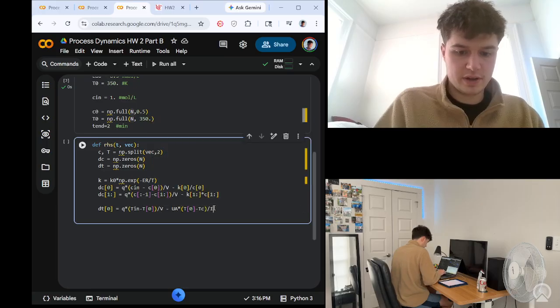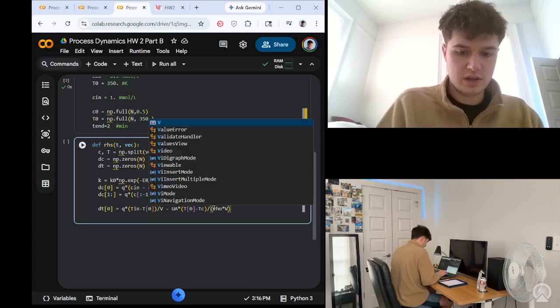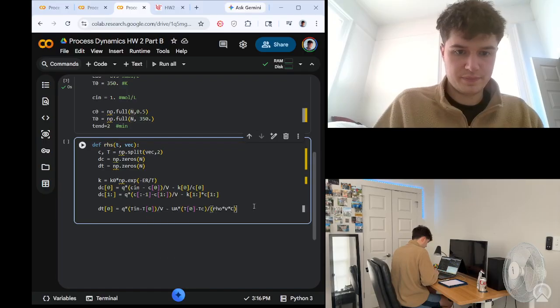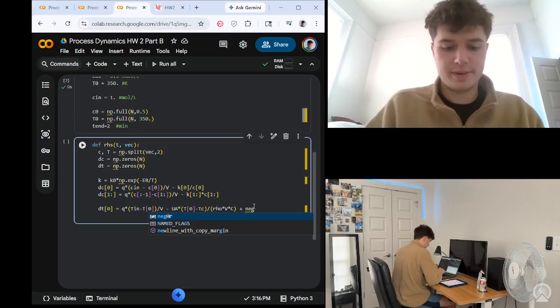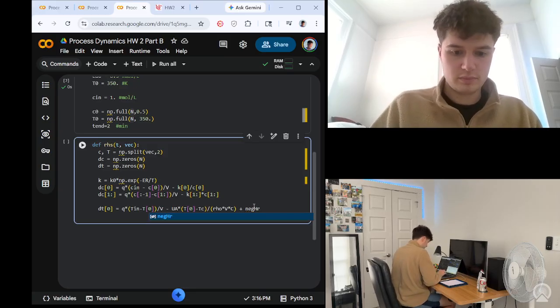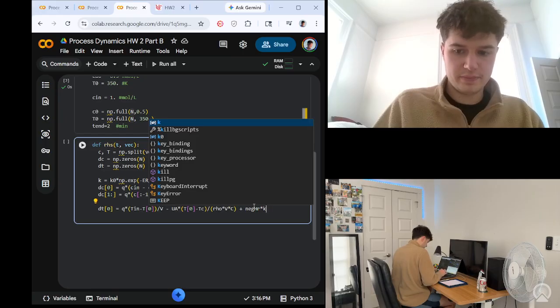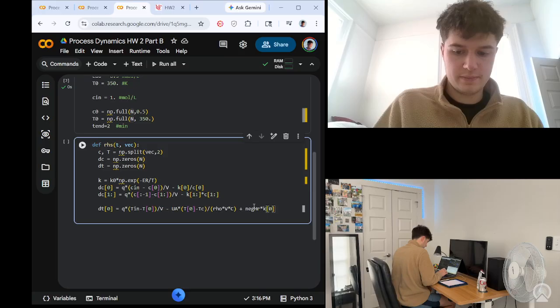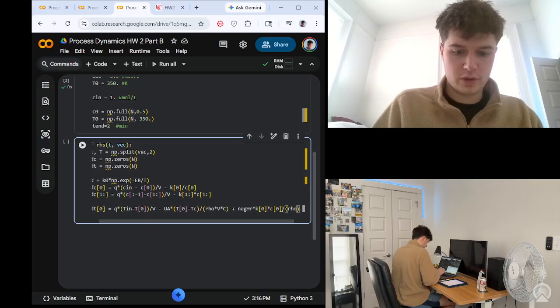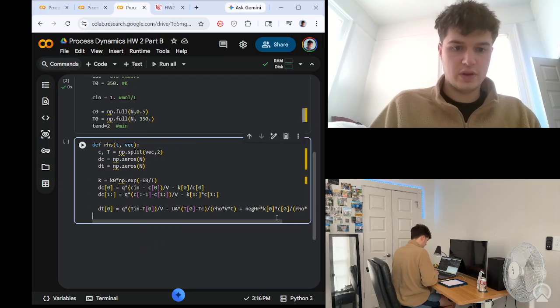This then will be divided by rho V times C. And then we will be adding our negative heat of reaction. This is because it is exothermic. Times our K value at 0, times our concentration at 0, divided by rho C. Whew.